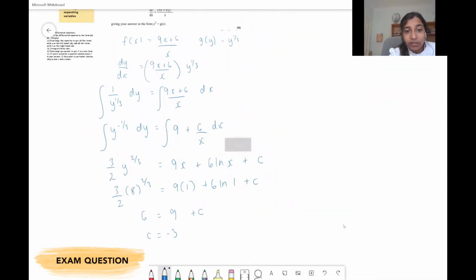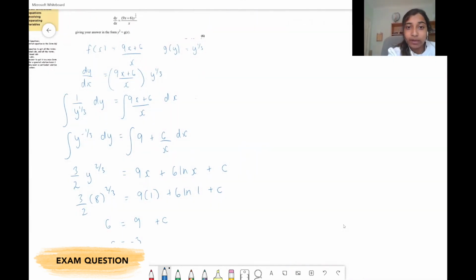And then we can rewrite our equation. We have 3 over 2 y to the power of 2 over 3 is equal to 9x plus 6 ln x minus 3. And we want it in the form y squared, so we need to rewrite this.